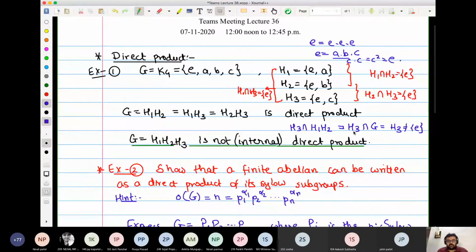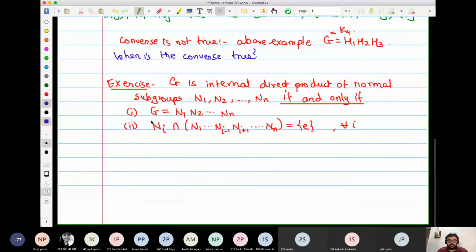That is the reason it failed, and we are taking three subgroups. But if the condition is there that Ni intersection the product of all the remaining ones, not just one, must be trivial, then we can say that G is an internal direct product.